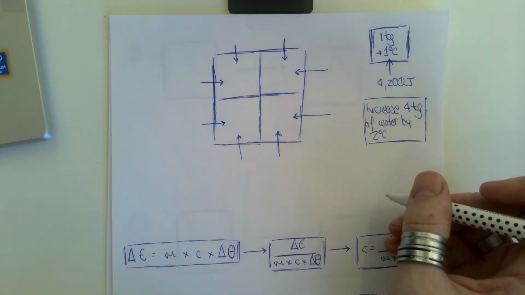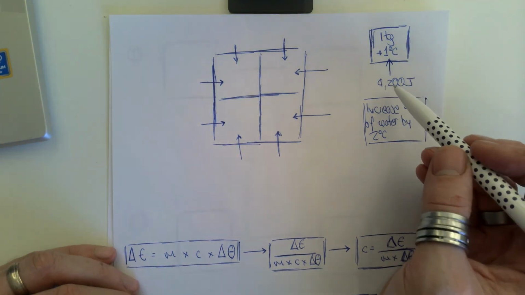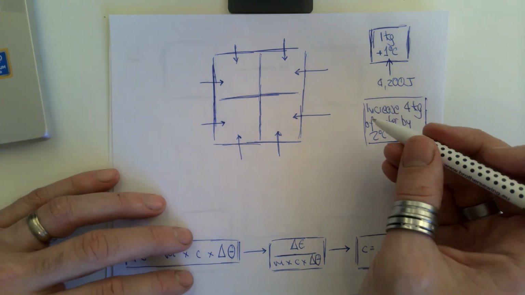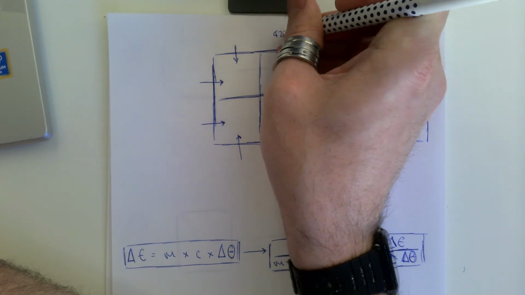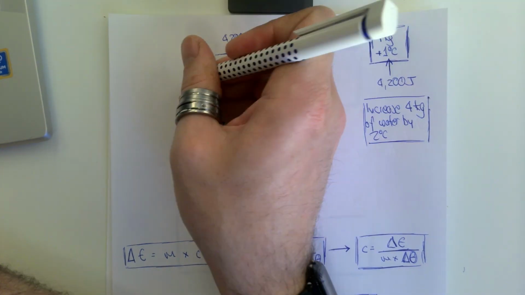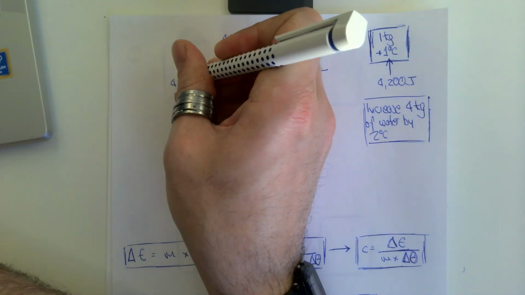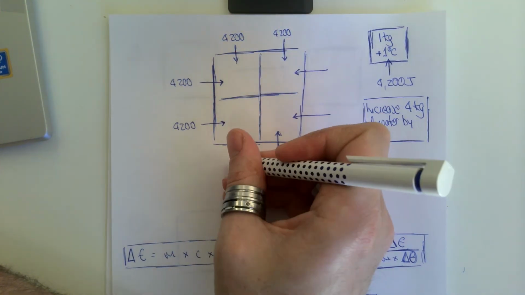So if we think 1 kilo by 1 degree Celsius requires 4,200 joules of energy, it means that for every kilo we want to be applying 4,200 joules of energy for 1 degree Celsius.